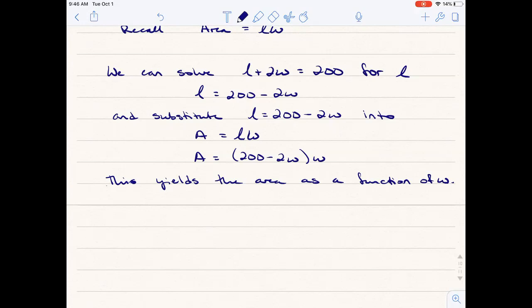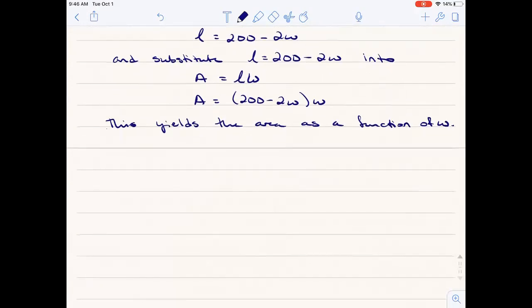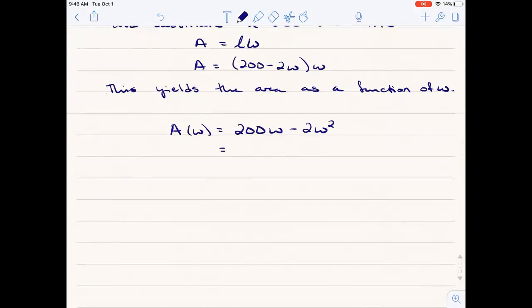Of course, you could go through and just pick different values of W, plug them in, and see if you find the right option. But we can rewrite this as A of W is, and I'm just going to expand this out a little bit: 200W minus 2W squared, or rewriting this with the decreasing powers, negative 2W squared plus 200W.